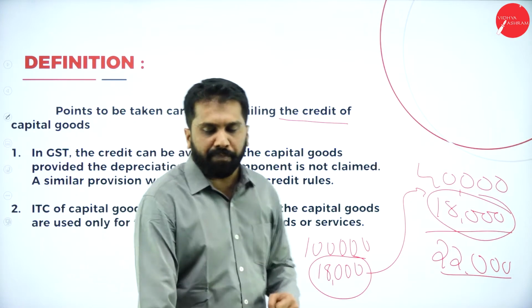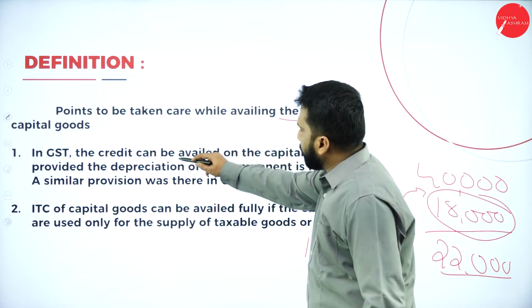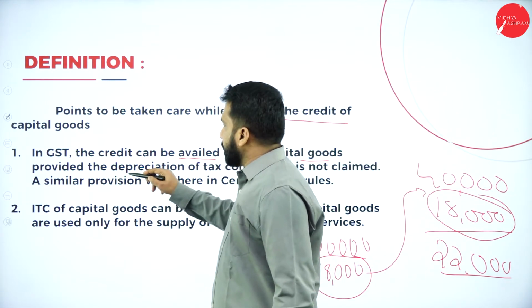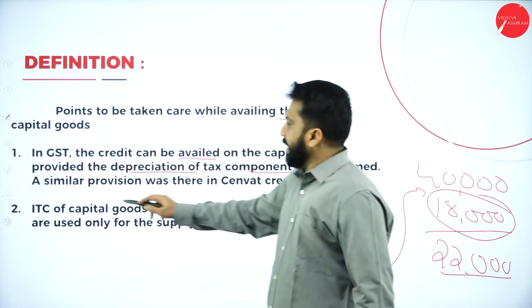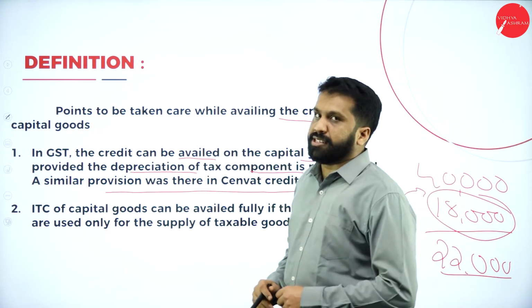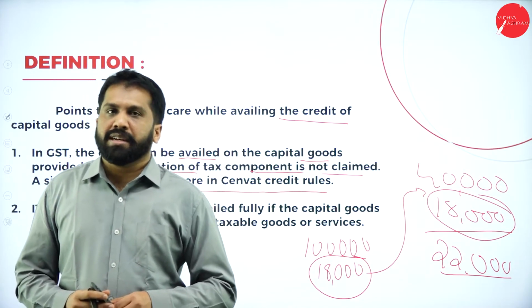I'll tell you. Now, what is the first point? In GST, the credit can be availed on the capital goods provided the depreciation of the tax component is not claimed. A similar provision was there in the CENVAT credit also. See, if there is any depreciation on that particular asset, you are not supposed to consider it.